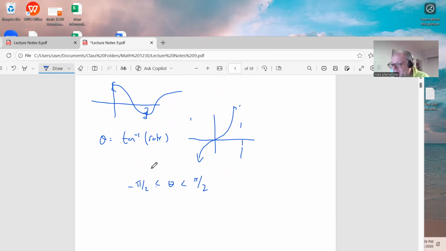So the first thing I want to say is, they don't always give you the angles that you actually want. So, for example, I want to say, what is the inverse sine of negative square root of 2 over 2?